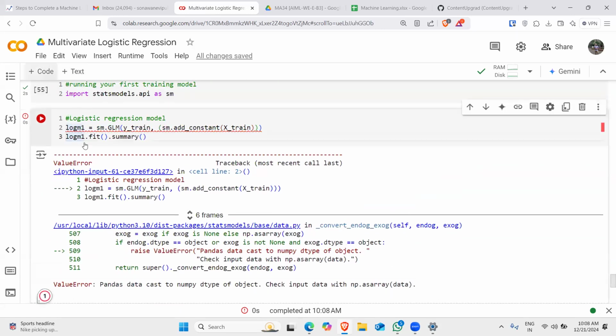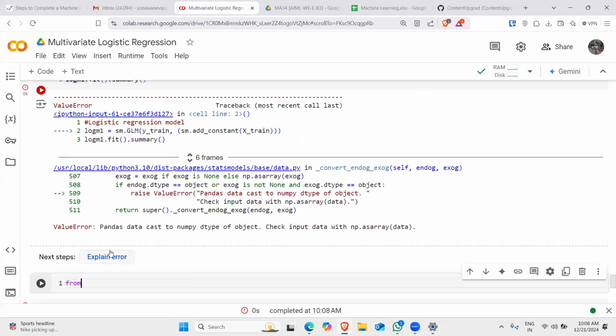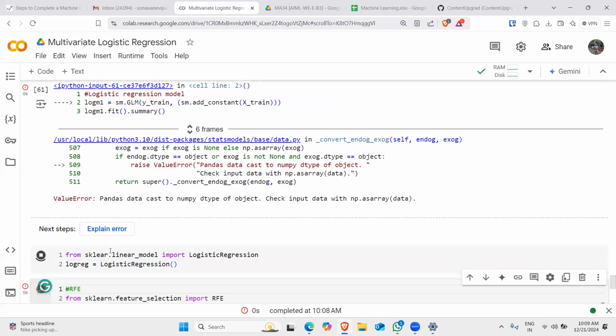So what we'll do is we'll call out a package from sklearn dot linear underscore model. We are going to import logistic regression, and log reg is equals to logistic regression, open and close bracket.